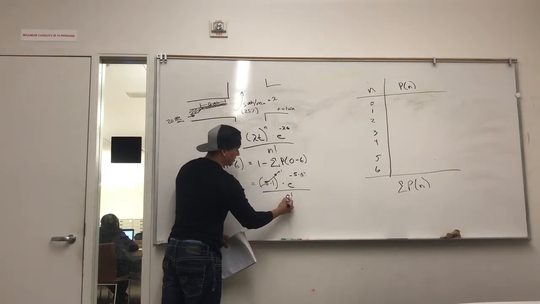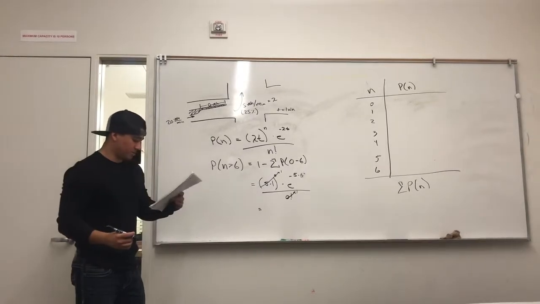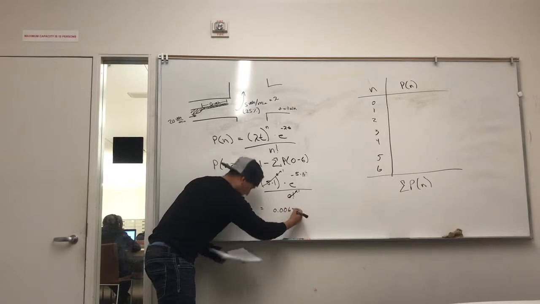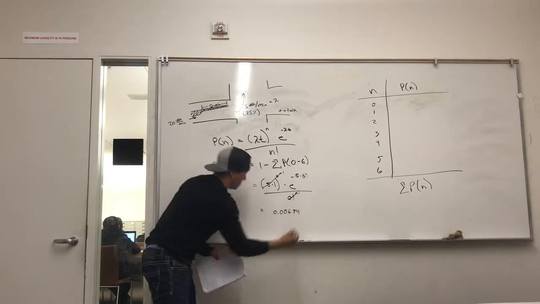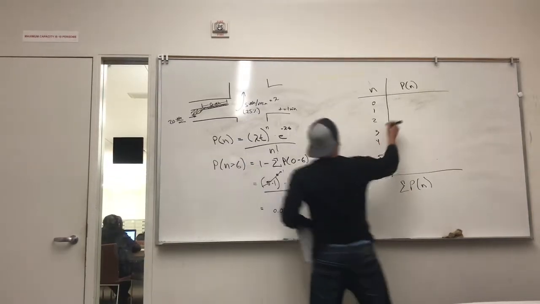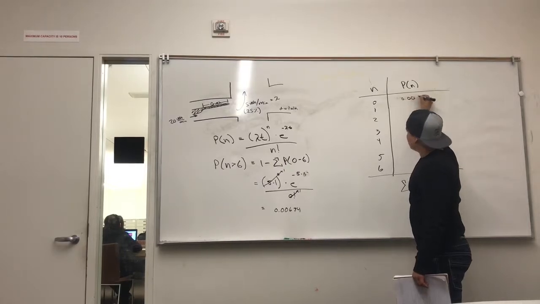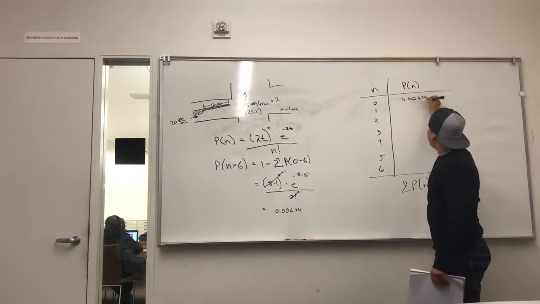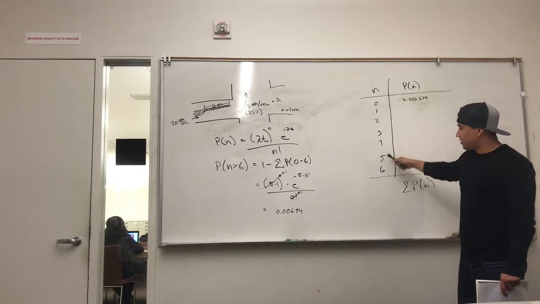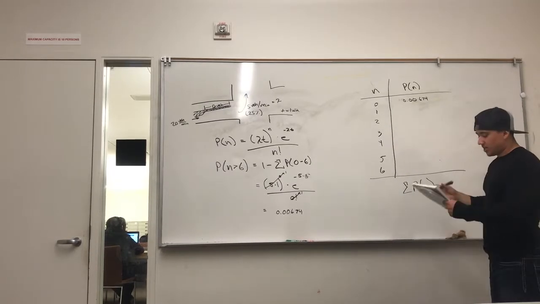This will be 1, this will be 1, and the answer you will get here would be 0.00674. So this is the answer for plugging in n equals 0. If you do the same for the rest, 1, 2, 3, 4, 5, 6, you should get values.